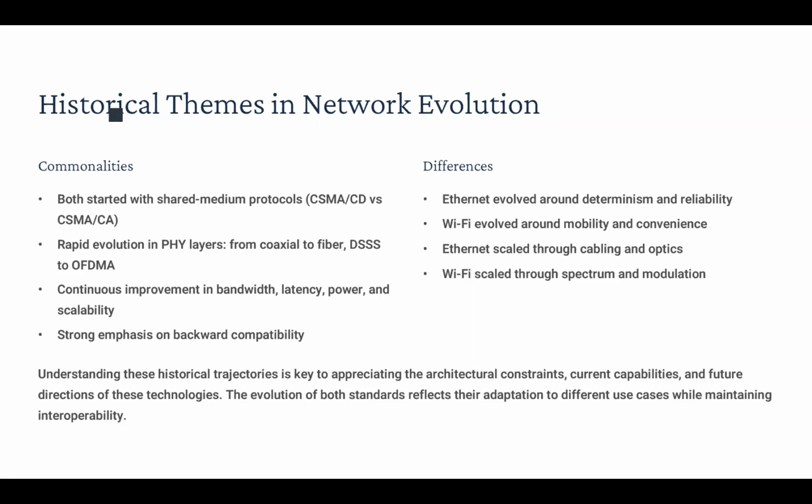Wi-Fi, on the other hand, scaled primarily by using new frequency bands like 2.4, 5, or 6 gigahertz, and used more advanced modulation like QAM to increase spectral efficiency.